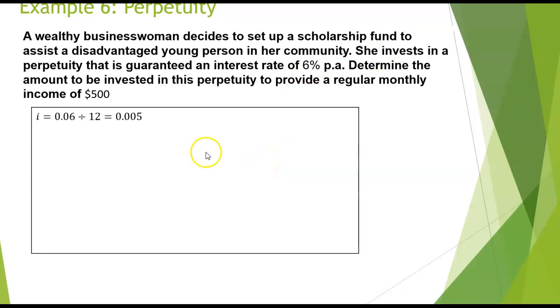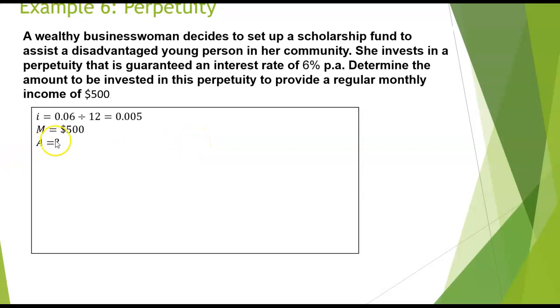So let's write down what we know. So 6% as a decimal is 0.06. It's compounded monthly, so we have to divide by 12 to get our interest rate per period as 0.005. Our payment amount is going to be $500.